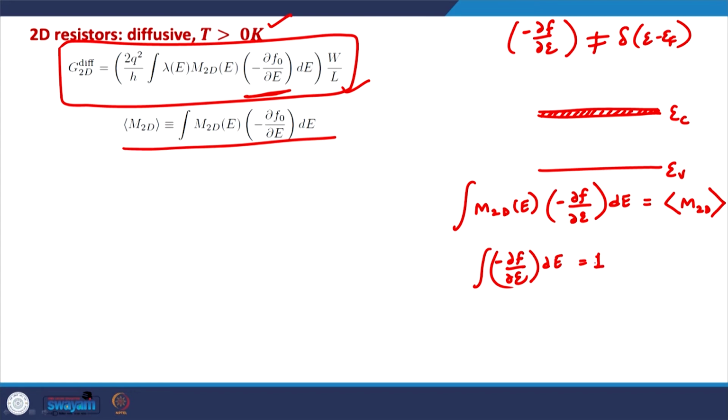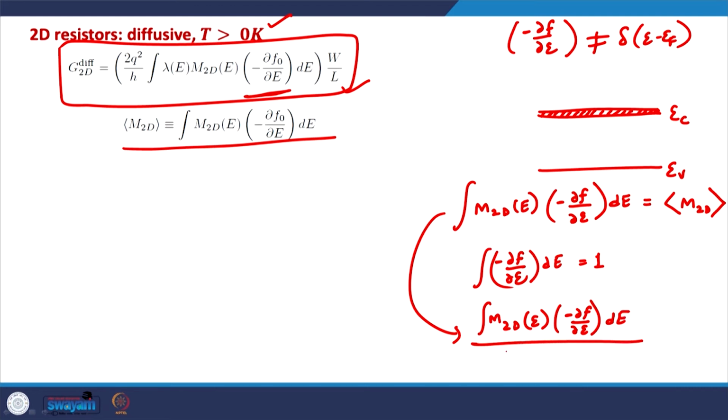So, this can be written as the integral of M2D(E) times minus del F by del E dE, divided by the integral of minus del F by del E dE, because this denominator is anyway 1.